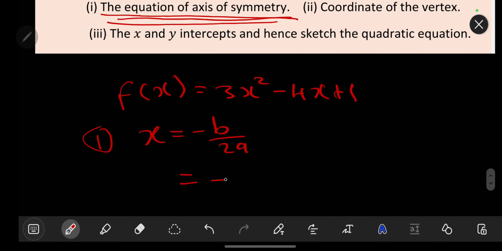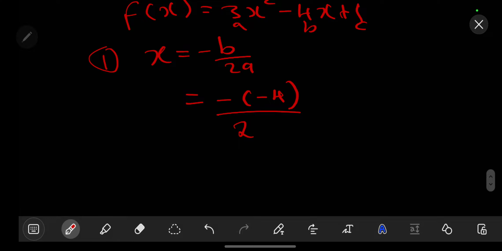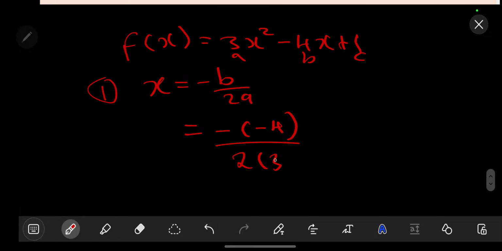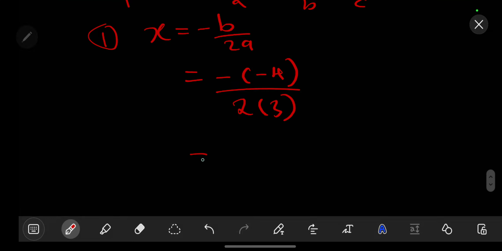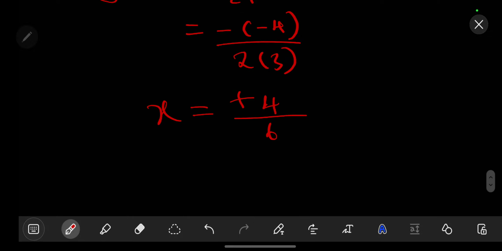So we are going to say negative b, so this is our a, this is our b, this is our c. Our b is equal to negative 4, then we have over 2 times a, and a is equal to 3, so we write a 3 there. We end up with a negative times negative, which is a positive 4, over 2 times 3, which gives us 6. So this is our axis of symmetry.